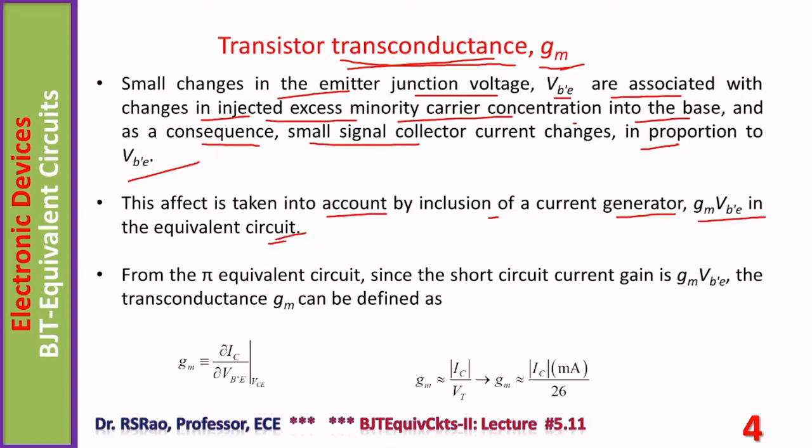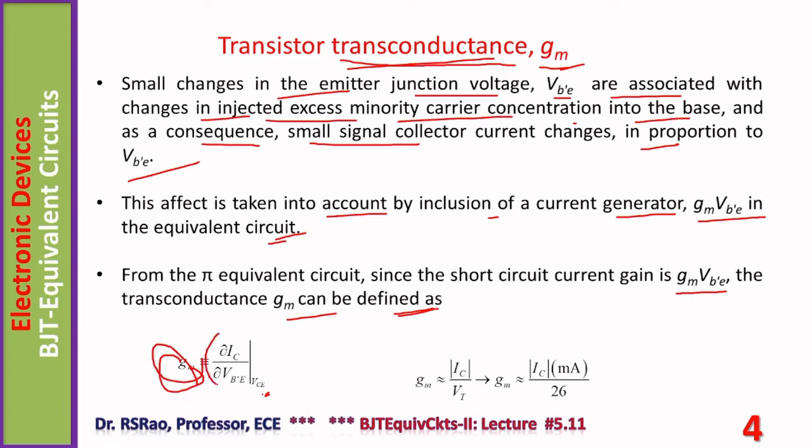From the pi equivalent circuit, since the short circuit current gain is gm V_B'E, the transconductance gm can be defined as gm = ∂IC/∂V_B'E. Small change in DC collector current to small change in base to emitter DC voltage while maintaining VCE constant.